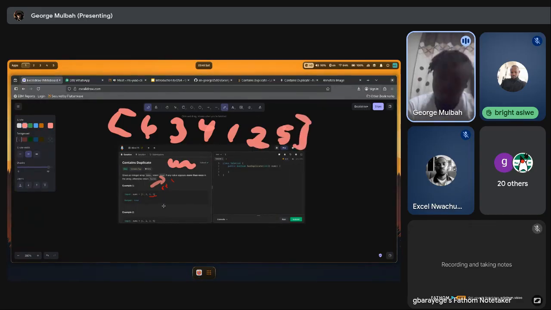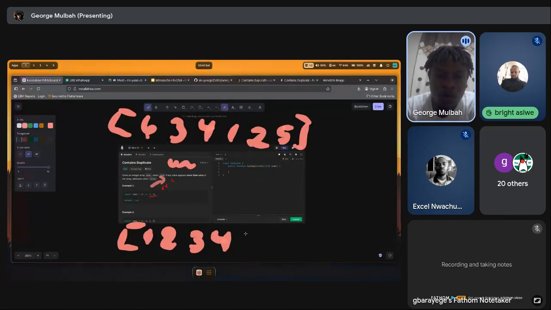So if we sort this array, we will quickly realize that there's a time taken for us to sort it. Java uses merge sort under the hood. Whenever you do a sort, Java uses merge sort. So let's sort it first: you get 1, 2, 3, 4, 5, 6.